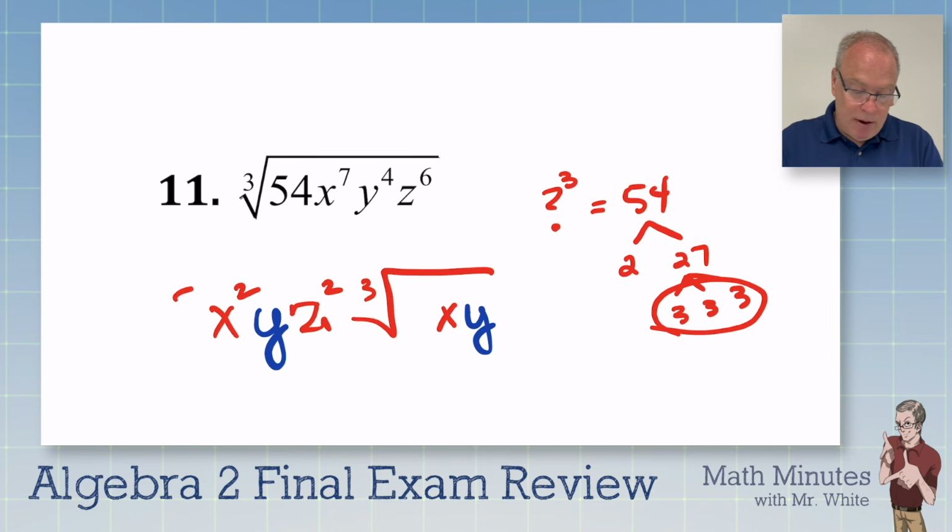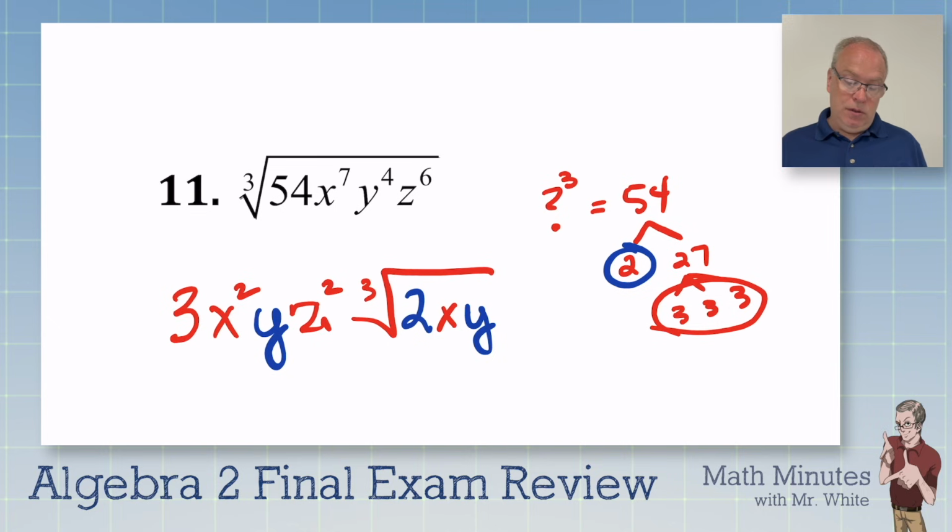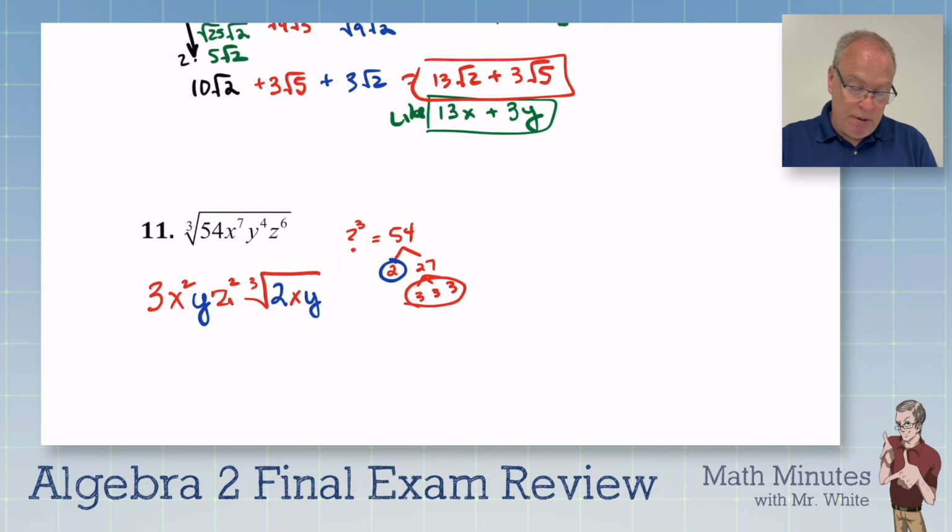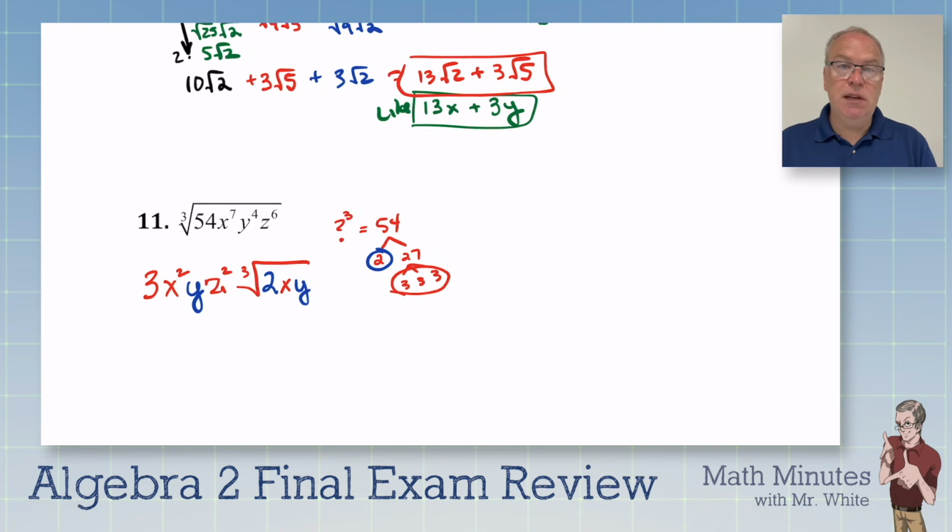It's 3 to the third power. So 3 makes its way out, but this 2 sadly has no friends, so it's stuck inside the radical there. So 2xy. That's called simplifying. We got everything out of the radical that we could, but there were some remainders this time, unlike that earlier problem. Okay, so that's the end of the second page.